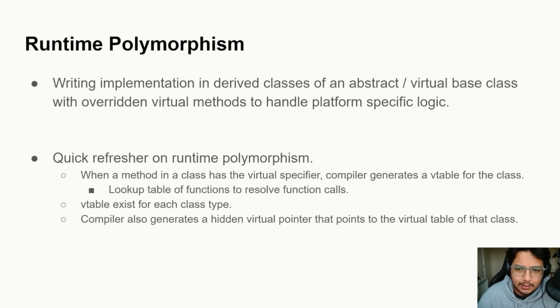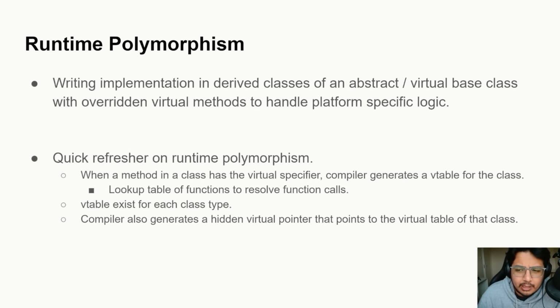You would have an abstract base class with the interface that you want to expose to the clients defined as pure virtual functions. And then for each platform that you are supporting, you would create a derived class for that specific platform. You would override the methods to contain the logic that is specific to the platform.